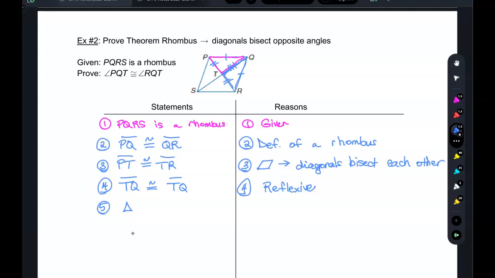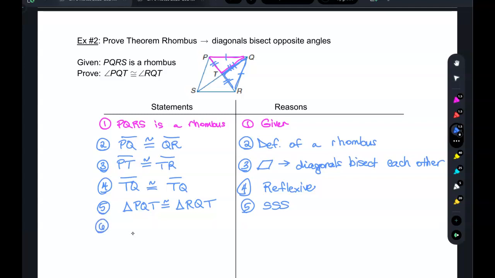Oh yes, PQT. On the homework you gave the triangle. Oh, I did? Wow. You'll have to point that out to me. Okay, PQT is congruent to triangle RQT. And we said that was good.